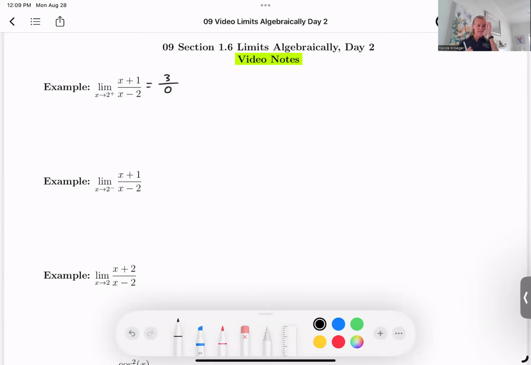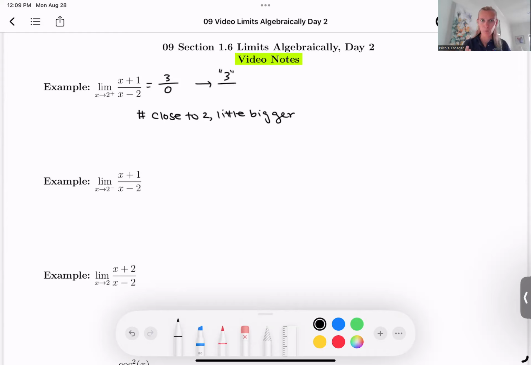So what we're going to do in these cases, when we get 0 in the denominator, we can't simplify anything. We're essentially going to think about looking at a table of values, but we're going to do this in our heads. So let's plug in a number close to 2, but a little bigger because this is a right-hand limit. If I plug in a number close to 2, the numerator is still going to be essentially 3. I can put it in quotes because it's not going to be exactly 3.